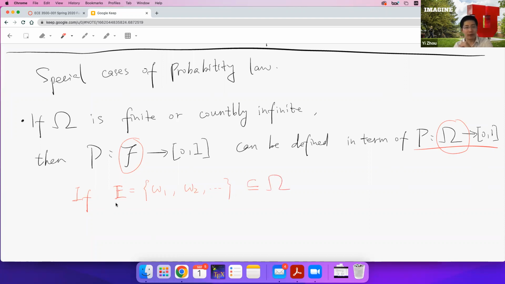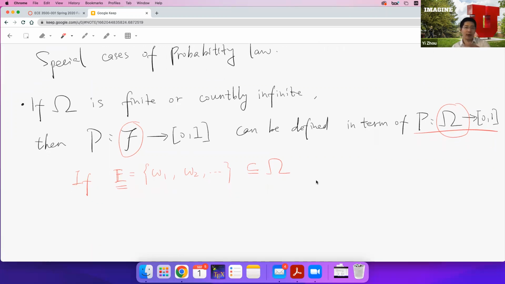Now, how do we assign the probability to this event? We can simply define the probability of this event to be the sum of the probabilities of each outcome.